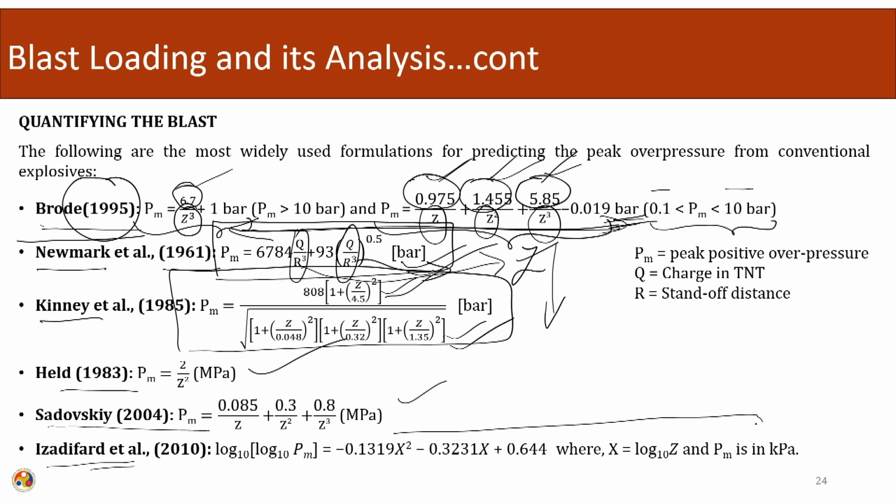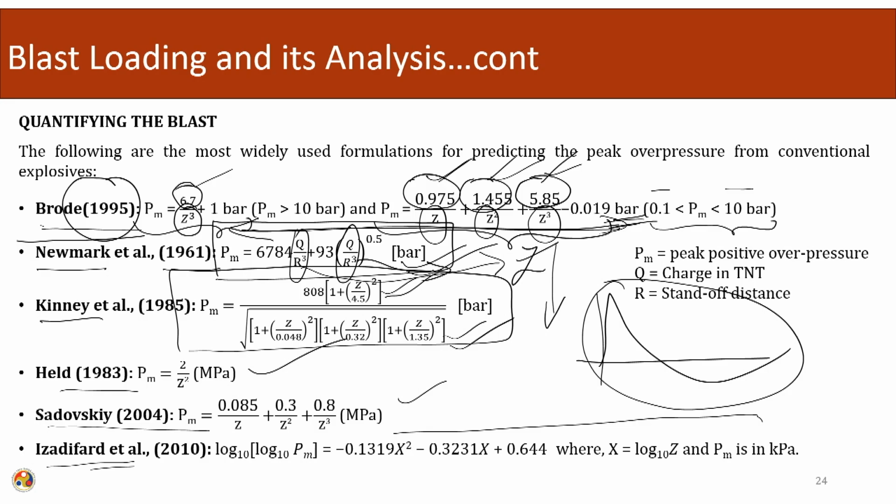Every researcher, depending upon the data that they could get, proposed step-by-step improvements on the equations, but at the end of the day, it is the same Friedlander's equation that is being mimicked. The shape of this Friedlander curve depends upon the nature of the blast used. That is why you can see a lot of variation in the equations.